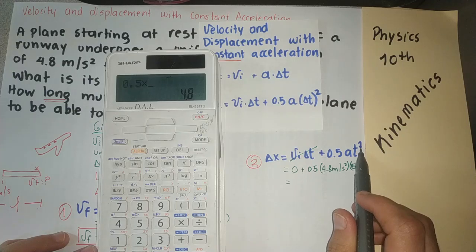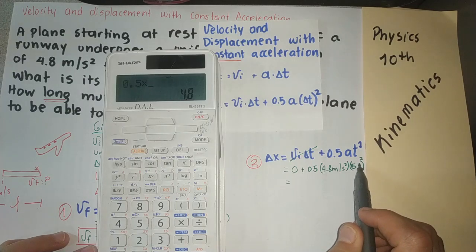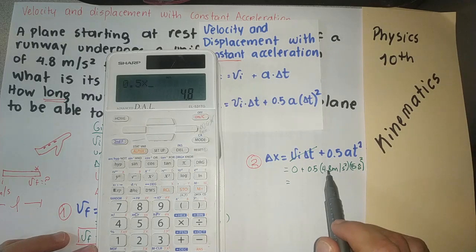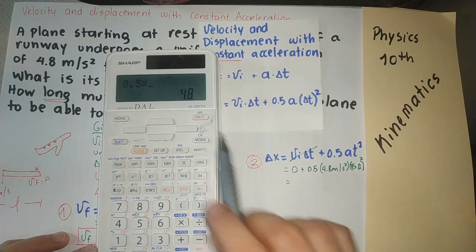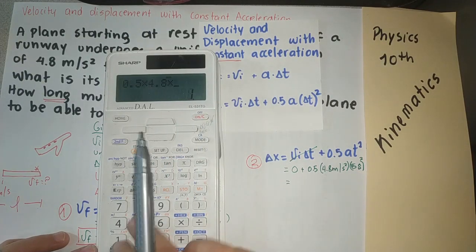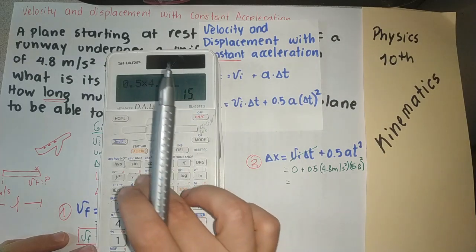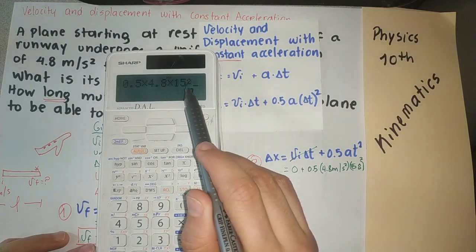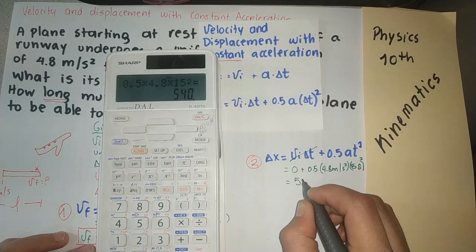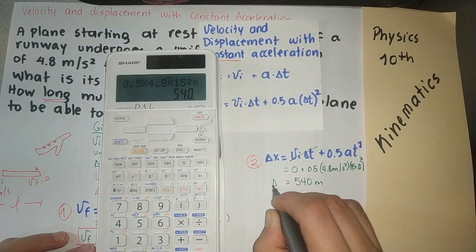Here the time is raised to the second power, but acceleration is not raised to the second power, so here you don't have to raise it to the second power. Okay, so 4.8 is not raised to the second power, but it's multiplied times 15, which is raised to the second power. Take a look. Equal. This is 540 meters.